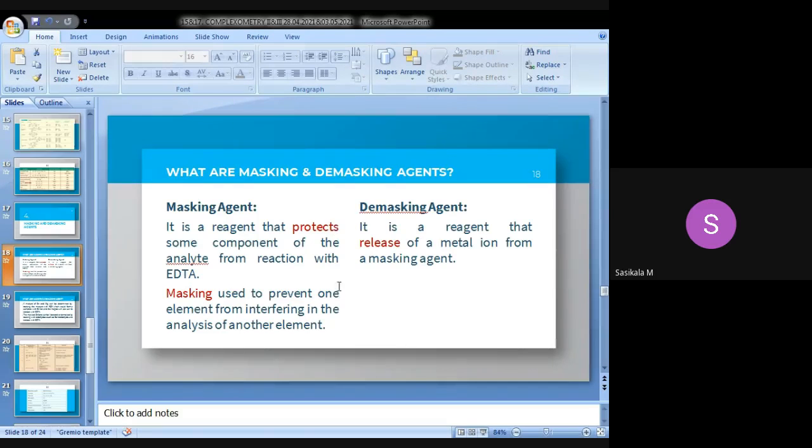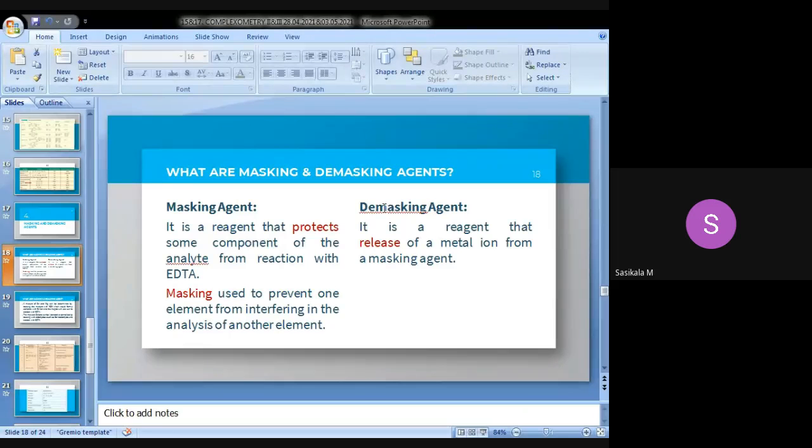So once the calcium, for example, calcium we have taken, has been analyzed with EDTA, what will be existing? The magnesium that formed a complex with the masking agent will exist in the solution. So if you add demasking agent once the calcium titration is over, what happens?